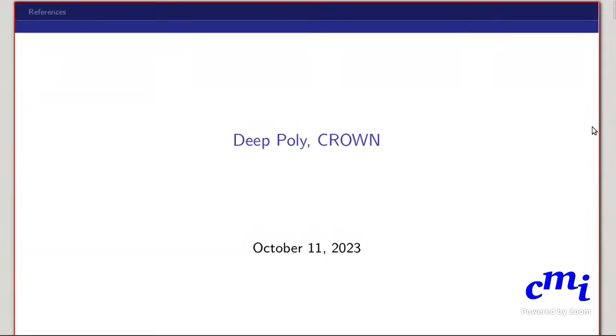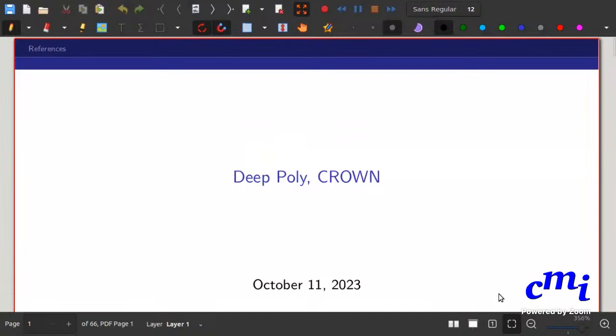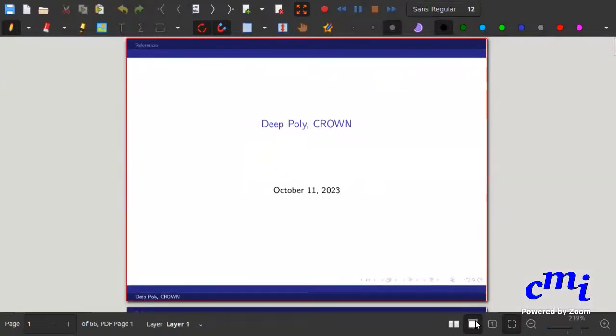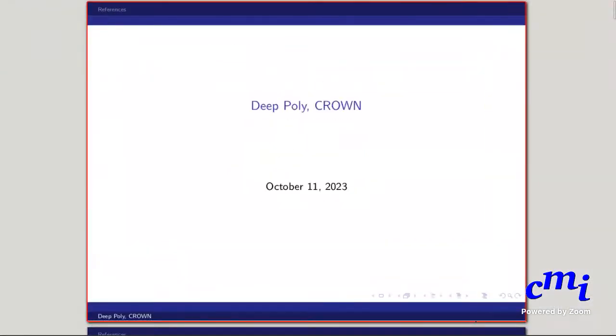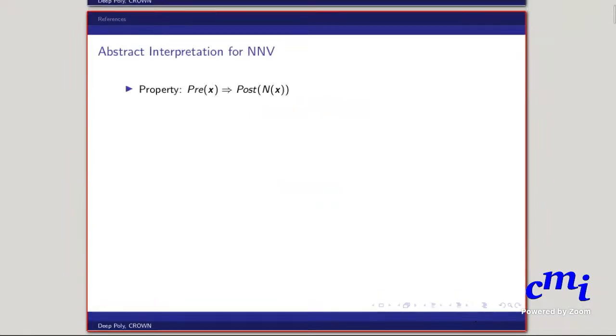I have several slides that go over abstract interpretation as it applies to neural network verification. But Sir told me that abstract interpretation was covered in quite a bit of detail in class, so I won't spend too much time on these slides.